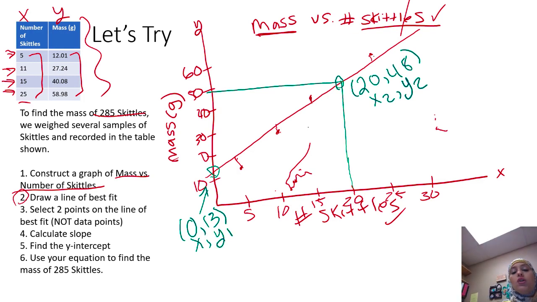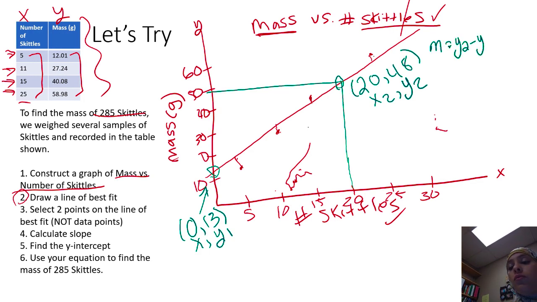So to calculate the slope, you need y2 minus y1, and x2 minus x1. So y2 here is 48 minus 13, and then we're going to do 20 minus 0.